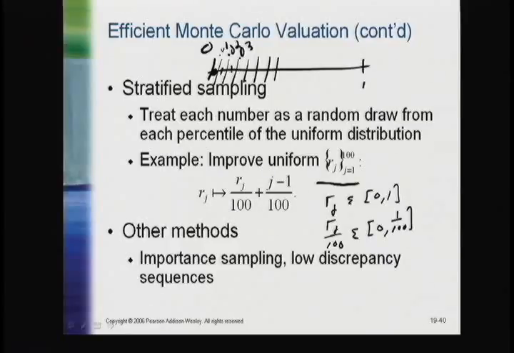And you can well imagine how this would generalize if you were going to generate a sample of 1,000. You could do the same thing by converting the interval into 1,000. Divide each R value by 1,000 and add j minus 1 over 1,000. Or you could just generate 10 R's for each one of these 10 intervals.